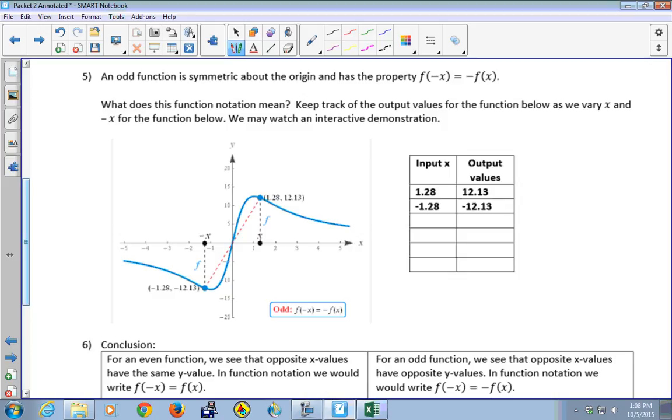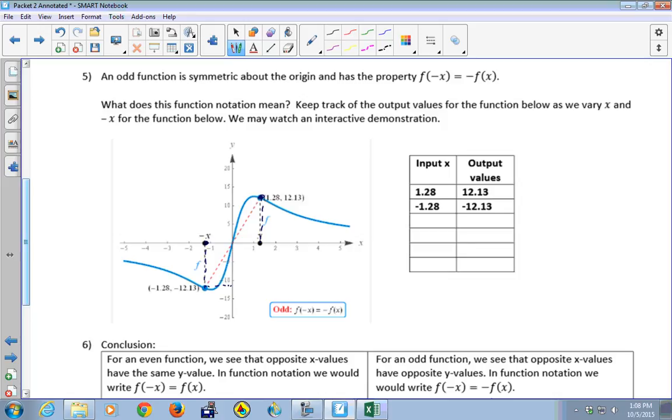To see it algebraically, when you plug in an x and the opposite of x, this time you don't get the same y value, you actually get opposite y values. So if I put in 1.28 and go up to the graph, I get a y value of 12.13. But if I put in the opposite of that, negative 1.28, go down to the graph, my y value is now negative 12.13. So this is a little bit different than even symmetry.